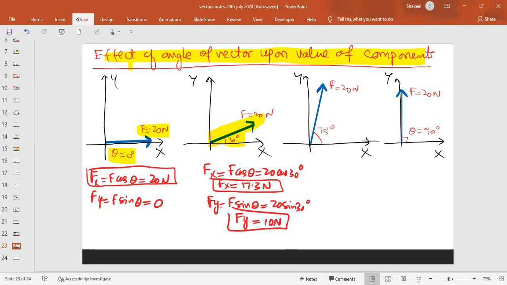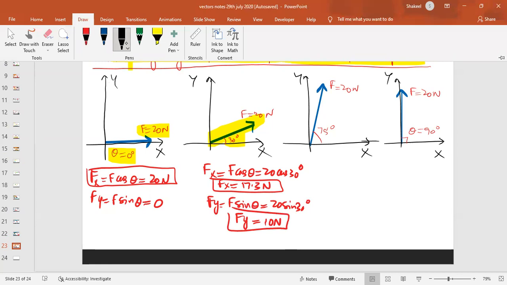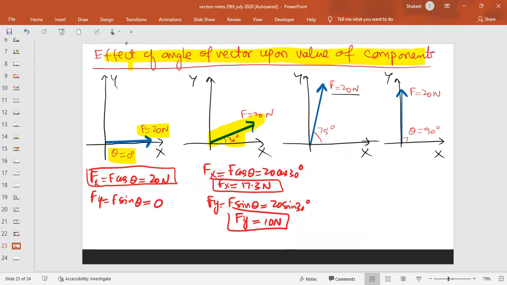Okay, now let's talk about this one in which the force is 20 and the angle is 75. So we will say that Fx is F cos theta, so it is 20 cos 75. You have to find the value of 20 cos 75. That comes out to be 5.17 Newton.